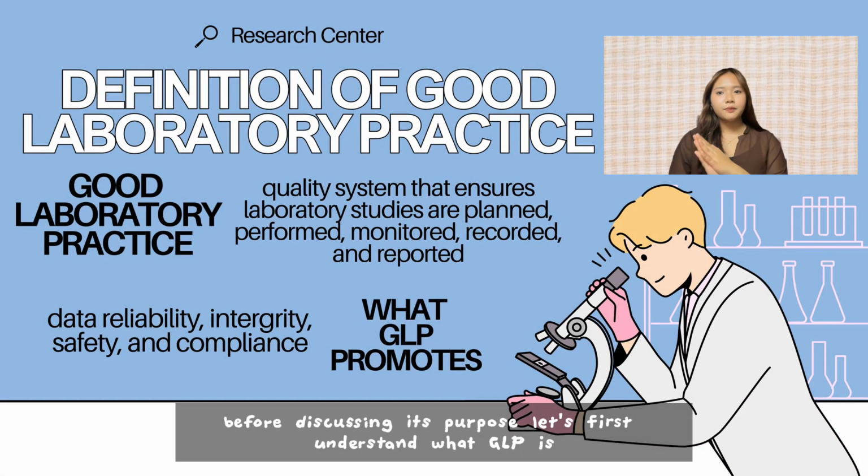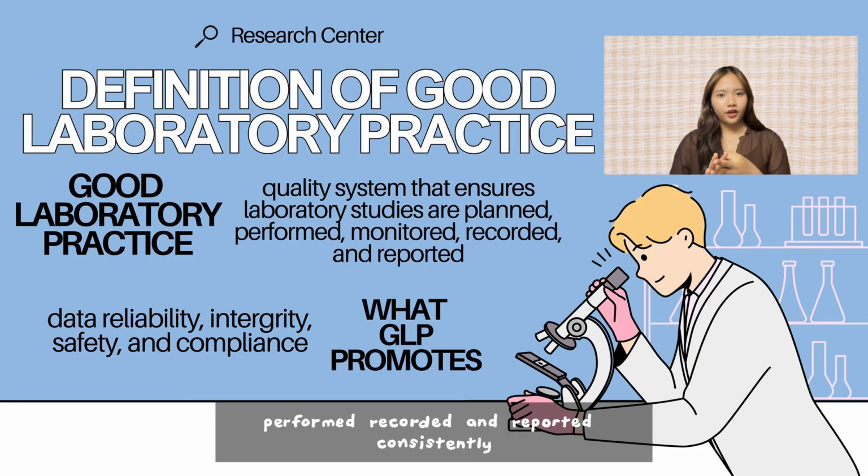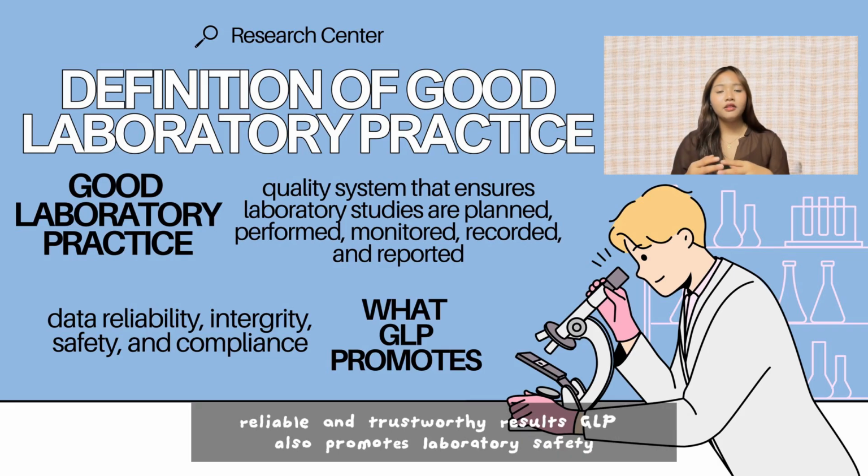Before discussing its purpose, let's first understand what GLP is. Good laboratory practice, or GLP, is a quality system that ensures all laboratory work is planned, performed, recorded, and reported consistently. Its main purpose is to produce accurate, reliable, and trustworthy results.